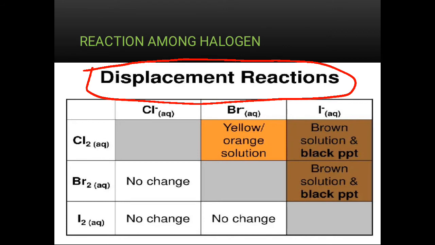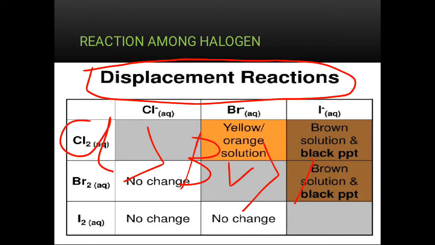So we see chlorine is more reactive as compared to bromine, and bromine is in turn more reactive as compared to iodine. So we can expect from chlorine that it will be able to displace bromine and iodine, and we can expect from bromine that it will be able to displace iodine.